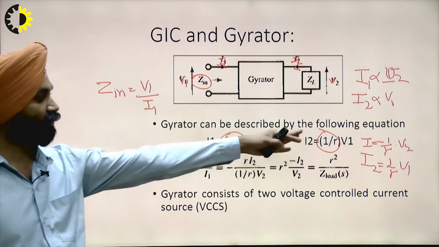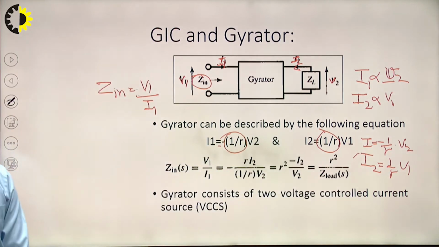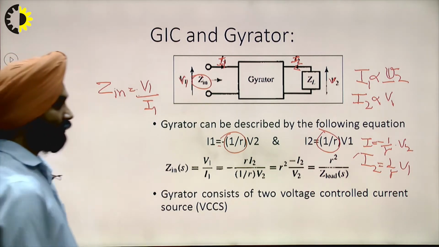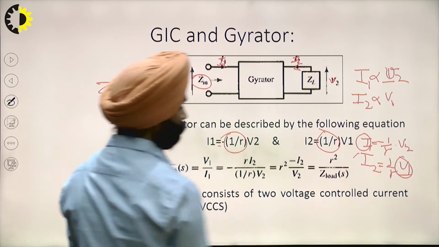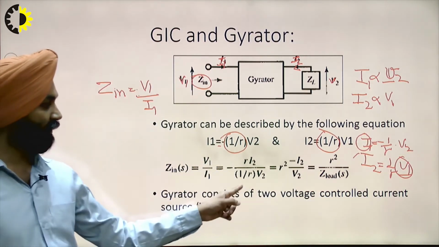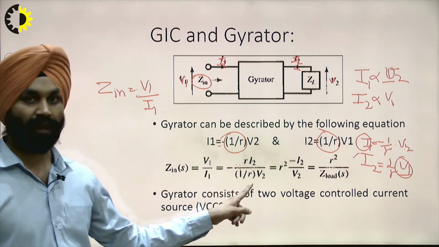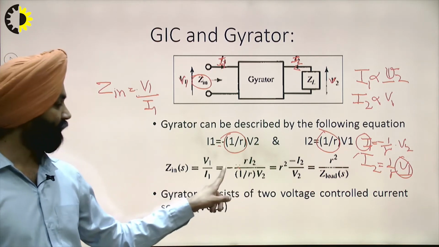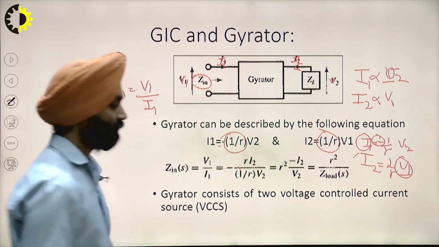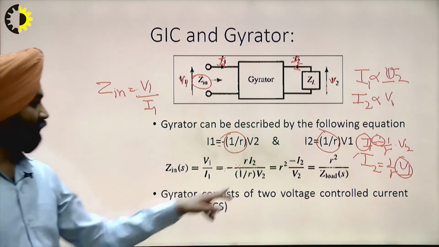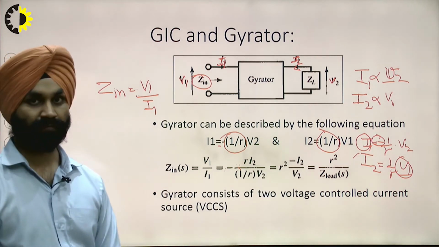From the equations of I1 and I2, we get V1 from one and I1 from the other. The ratio of these two, we can write as R I2 divided by minus 1 upon R into V2. So this will give minus R square I2 by V2.